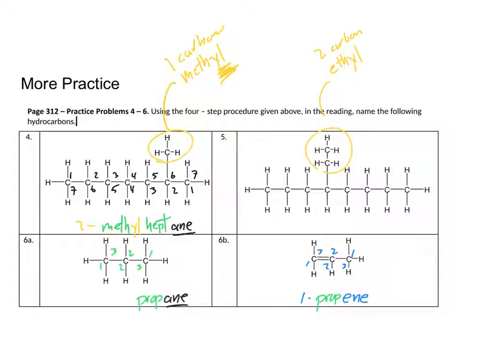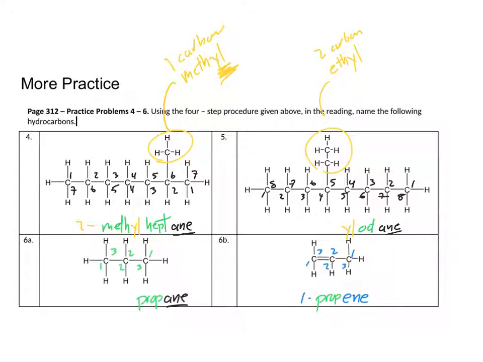For number 5, we still have to identify that it is all single bonds, so it's an alkane. We're going to count the carbons: 1, 2, 3, 4, 5, 6, 7, 8. So it's 8 carbons long, so we're going to call it an oct, like octane. And on the 5th carbon, there is a branch that we already identified to be an ethyl branch.